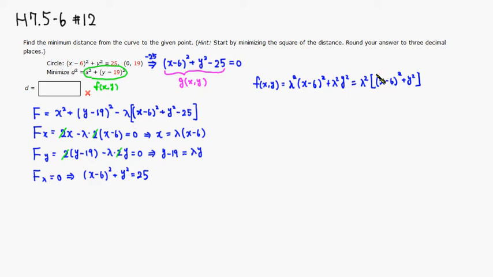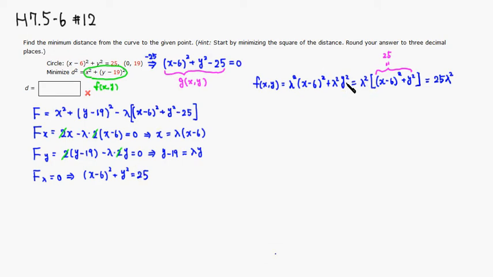So this is simply 25 lambda squared, the f of x comma y value.